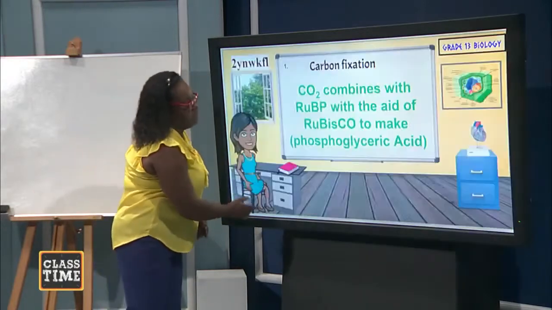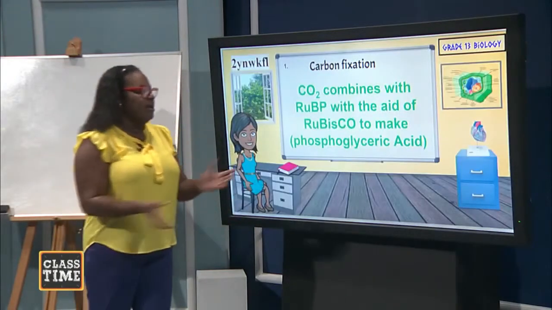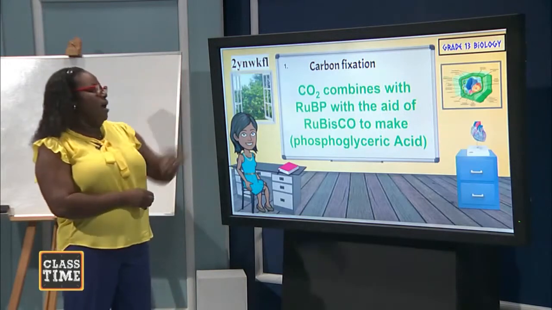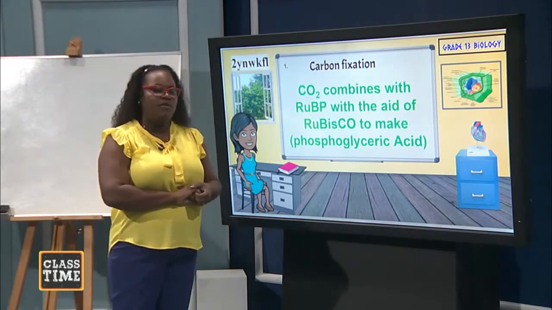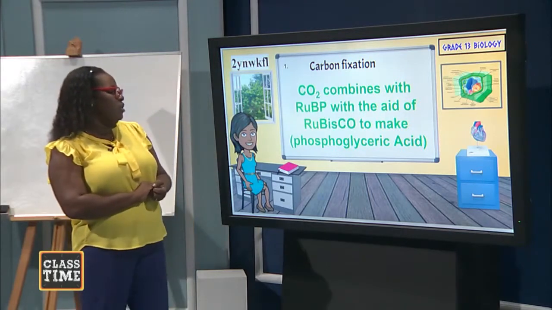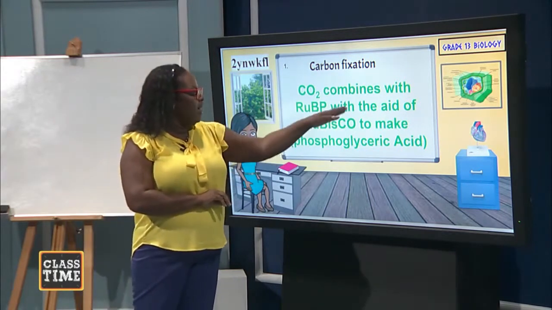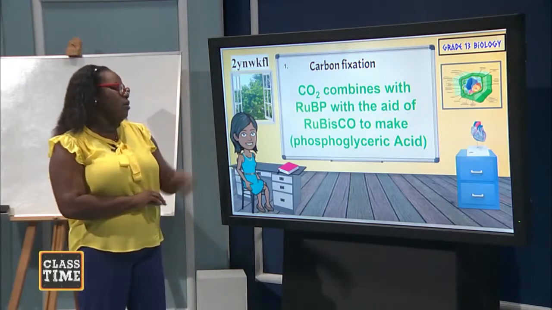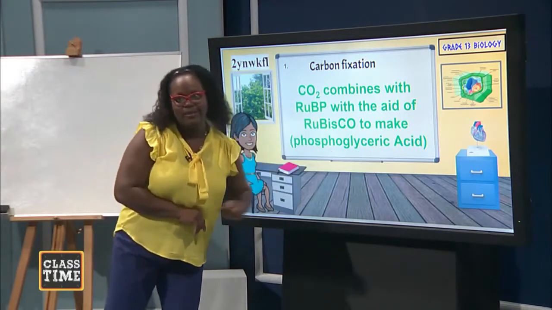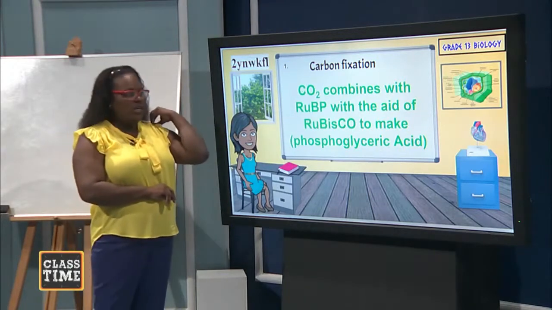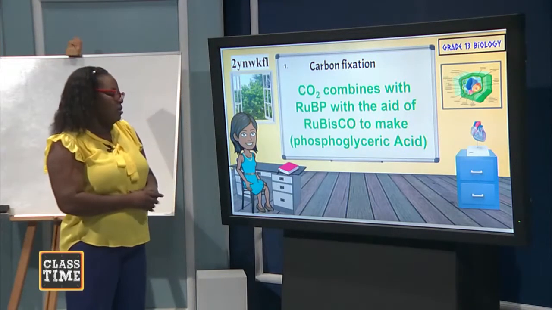It's from photosynthesis. So just a little recap. Carbon fixation is the first part of the process, which is CO2 combines with your RUBP with the aid of rubisco to make your phosphoglyceric acid, the PGA that was written on the other slide.